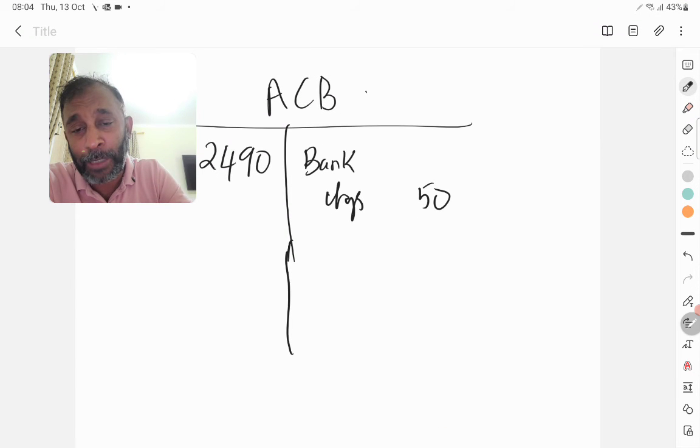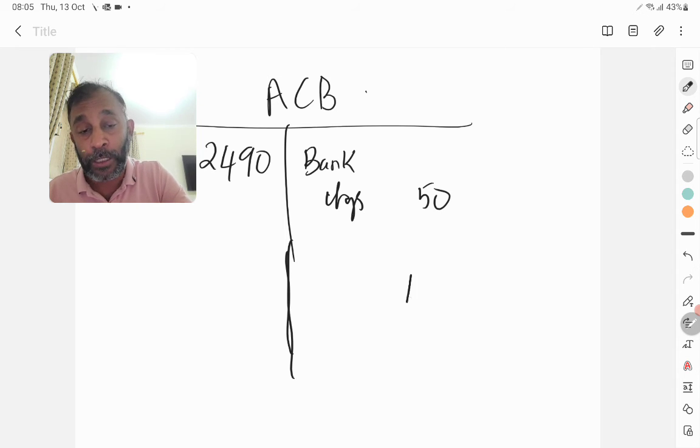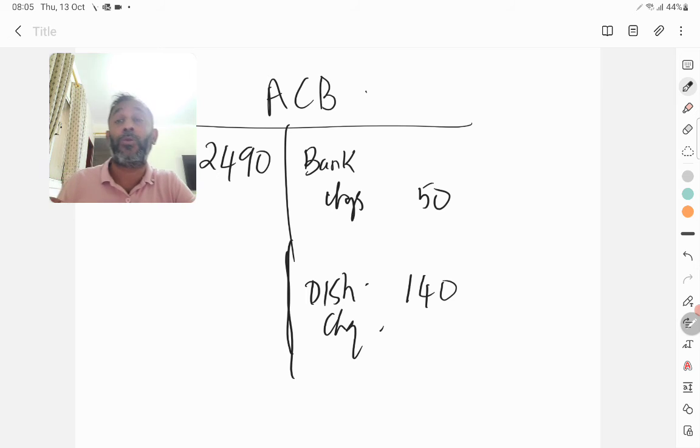The double entry for a dishonored check: when the check is received, you debit the bank account and credit the customer. Once the check is dishonored, meaning it's returned, you have to reverse the entry. So you should credit the bank account and then debit dishonored check. Later you decide whether to debit the customer or to treat it as a bad debt. That's another matter to deal with separately.